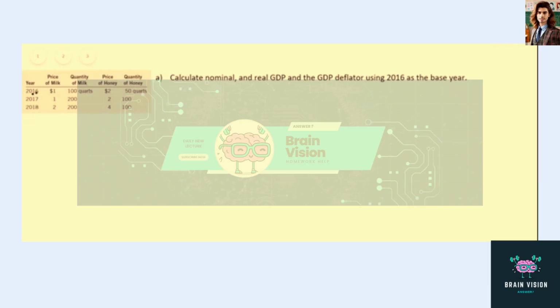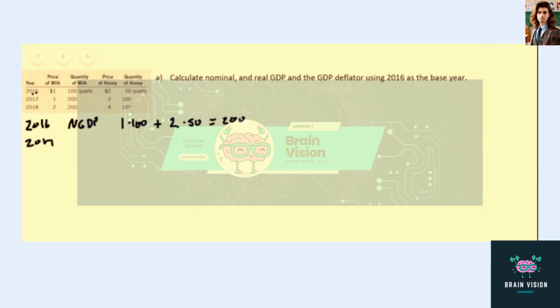So remember that nominal GDP is just the price of a good times the quantity that's produced. In this two-good economy, we see that for 2016, nominal GDP is equal to $1 for the price of milk times 100 quarts plus $2 for the price of honey times 50 quarts, which equals 200.